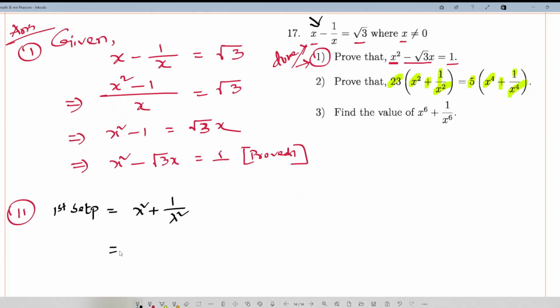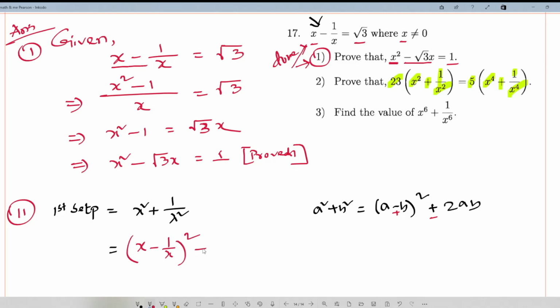Look, we know about a square plus b square. It means a minus b whole square plus 2ab. So this one also here is plus and outside minus. So here our given is x minus 1 by x. So we can write x minus 1 by x whole square plus 2 times x times 1 by x, like a minus b whole square plus 2ab.